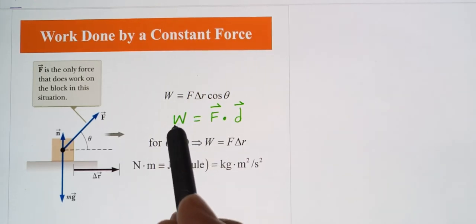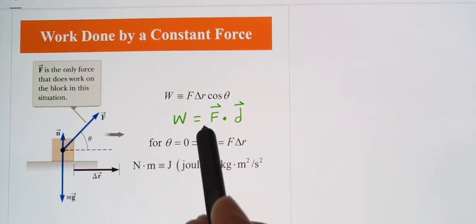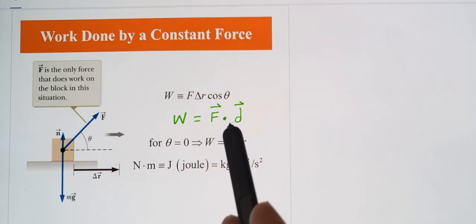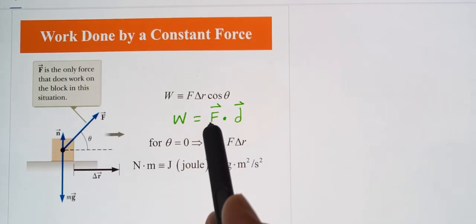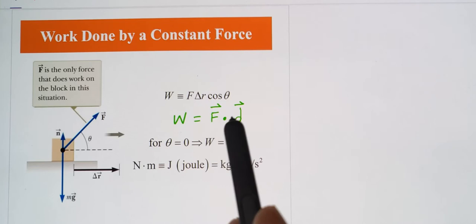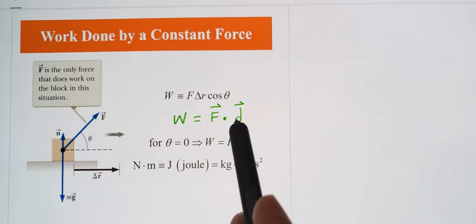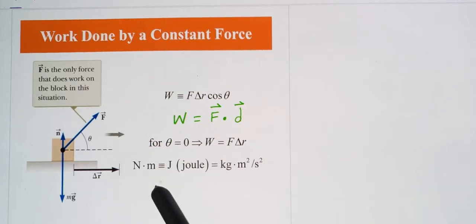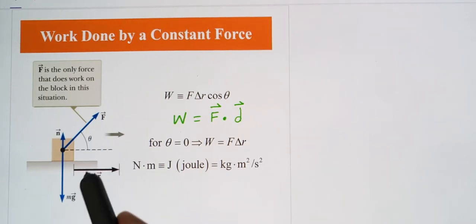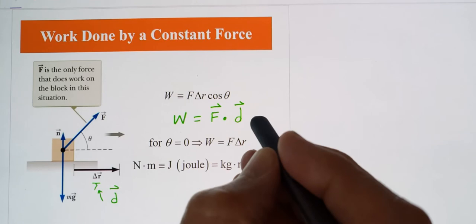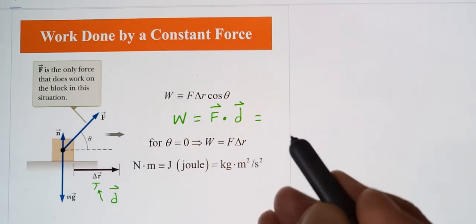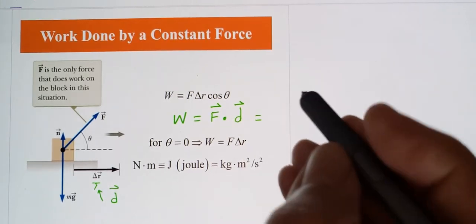So we define work as a dot product between two vectors, vector F, the force, and vector D, the displacement, or in our book he referred to it as delta R. And in mathematics, what is a dot product?